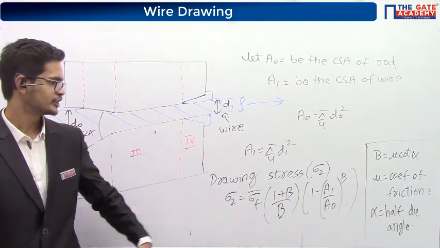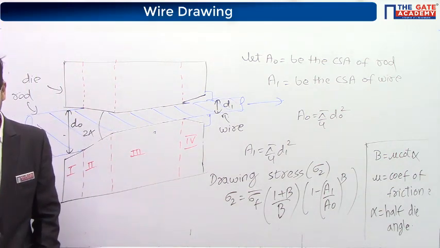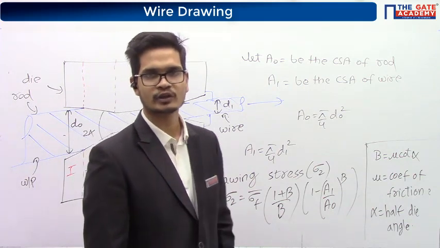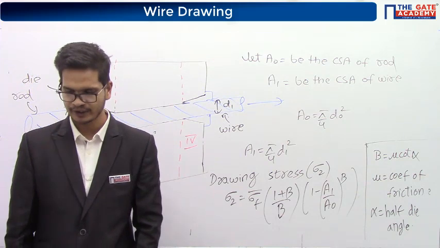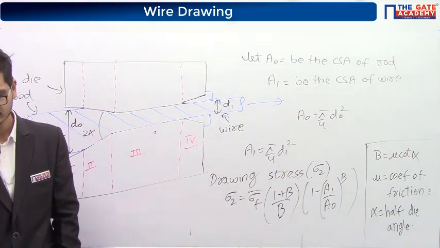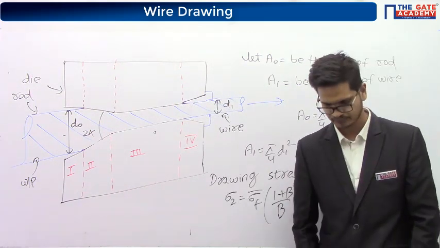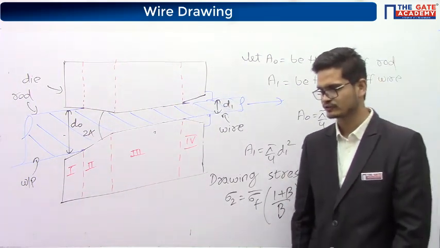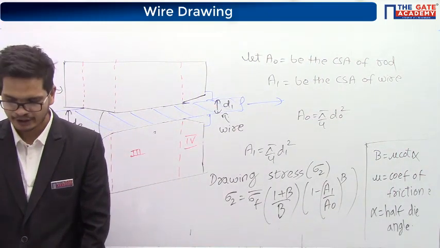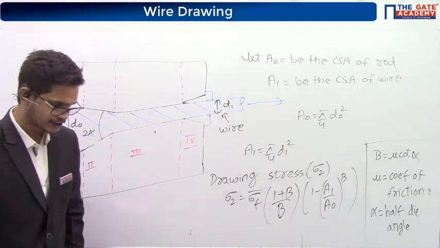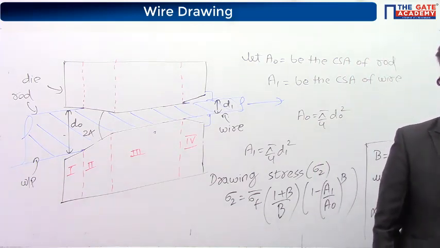Sigma 2, please write down. Sigma 2 is not the stress which is responsible for changing the shape of the component. But it is responsible for drawing the component.